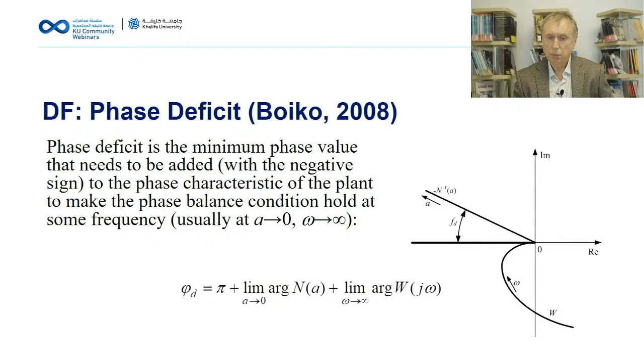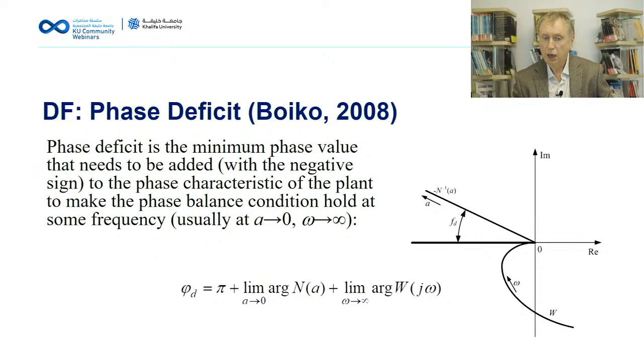It is remarkable that now the motions in the system would depend on the angle between the negative reciprocal of the describing function or its low amplitude asymptote and the high frequency asymptote of the Nyquist plot.